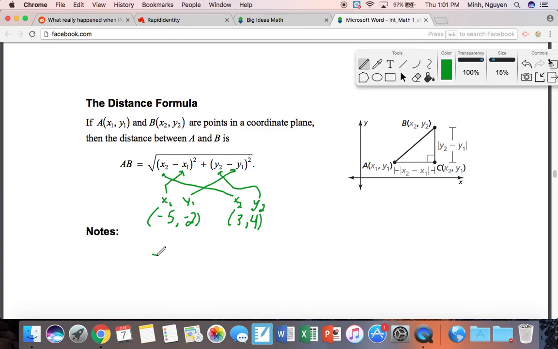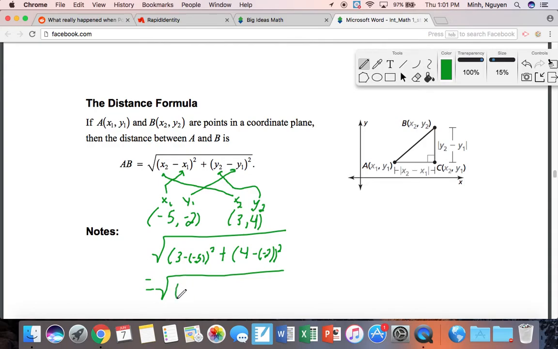So x2 is 3 minus -5, squared, plus, let's see, 4 minus -2, squared. Don't forget that when you subtract a negative, that's like adding.